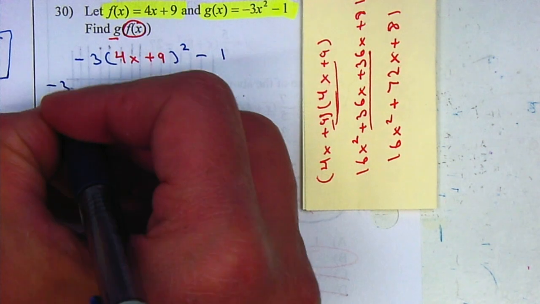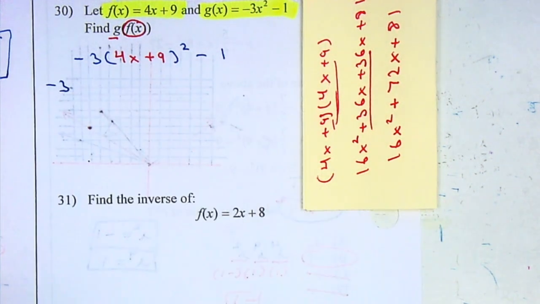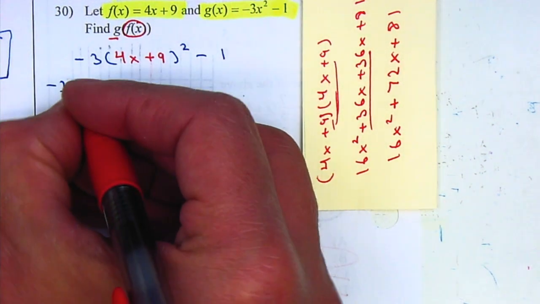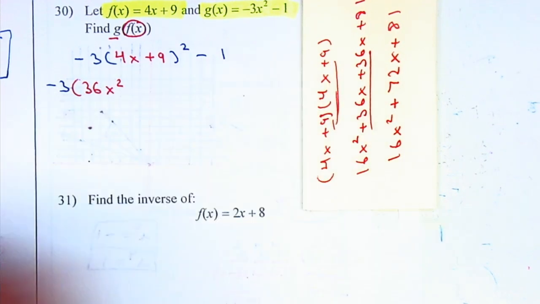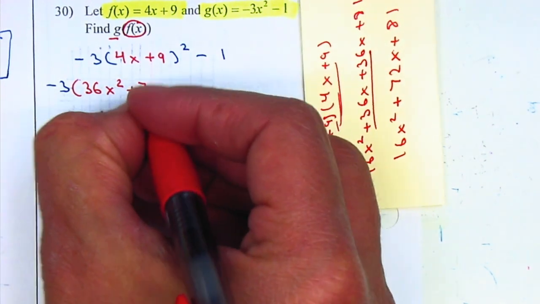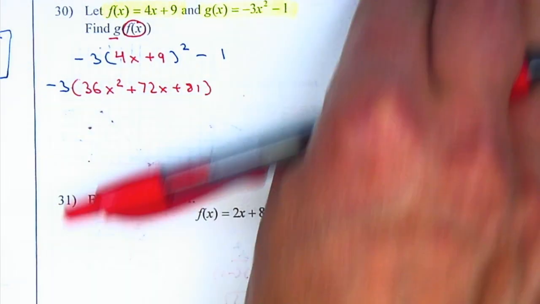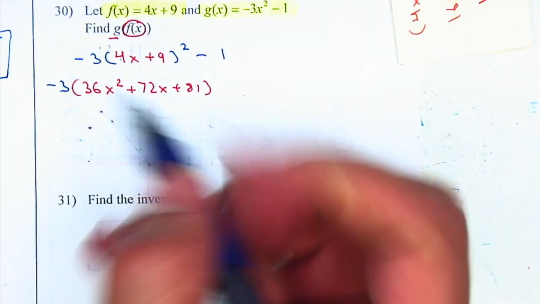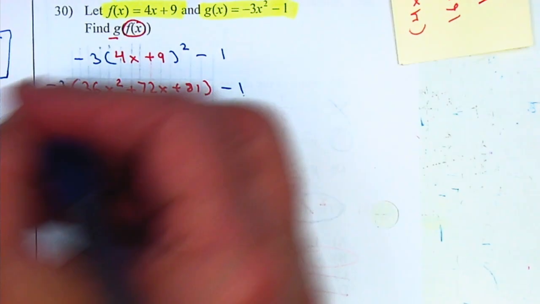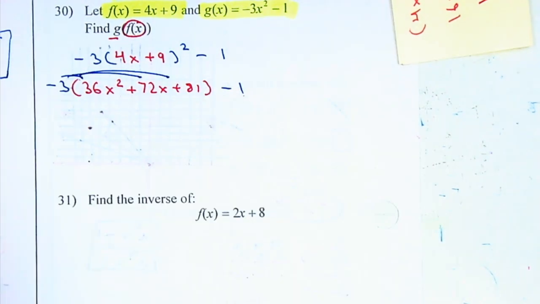That will give me negative 3 times 16x squared plus 72x plus 81, minus 1. I'm going to distribute my negative 3 times all of them.